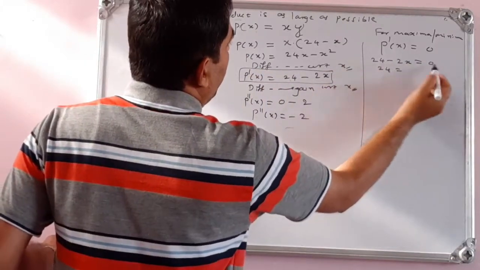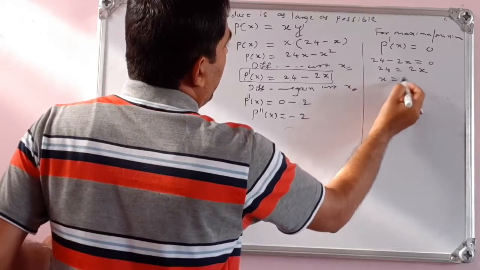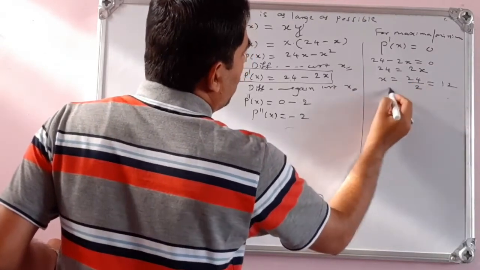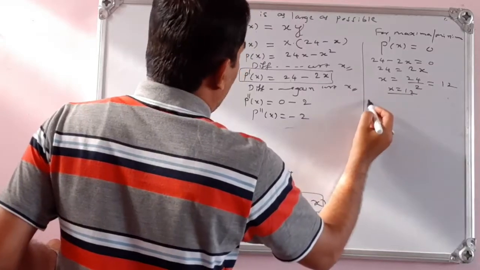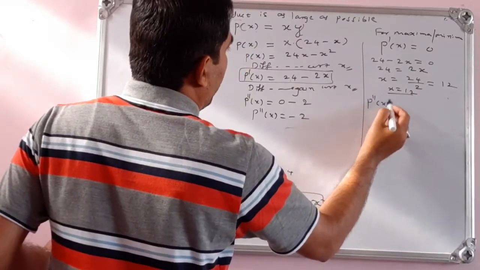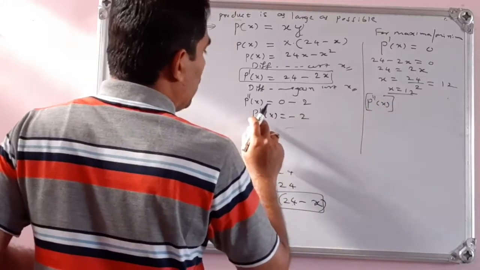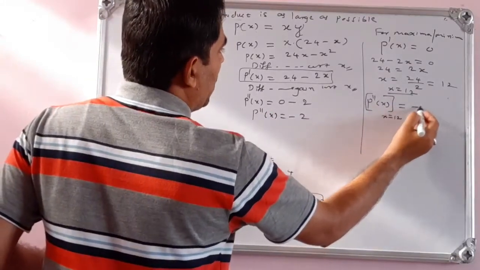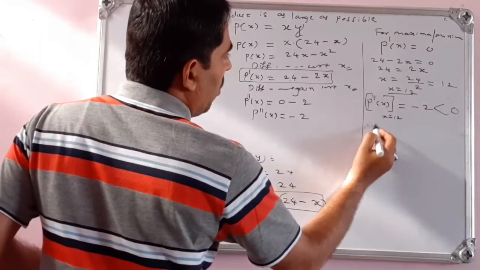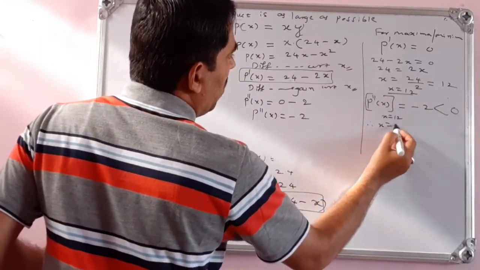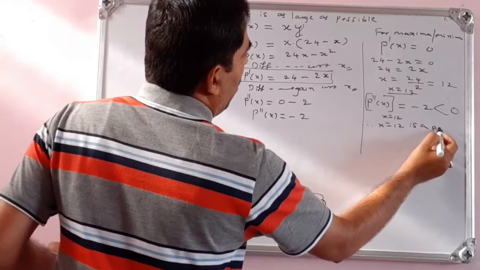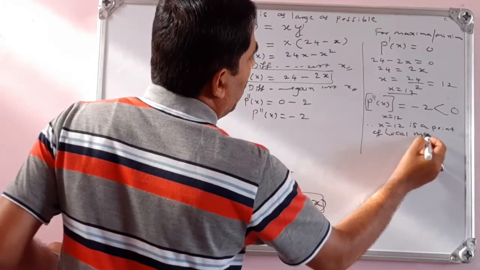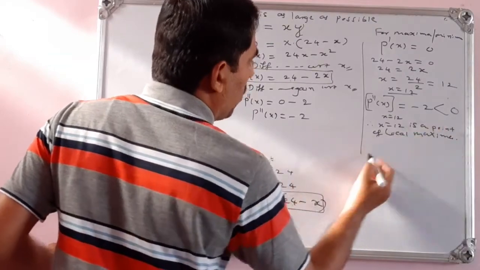Solve for x: shift minus 2x to the right hand side, then x is equal to 24 by 2, so x is equal to 12. Now the second order derivative at this point, x is equal to 12, is negative. Therefore, x is equal to 12 is a point of local maxima.